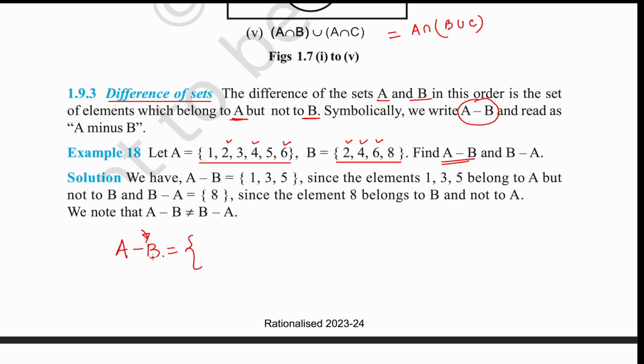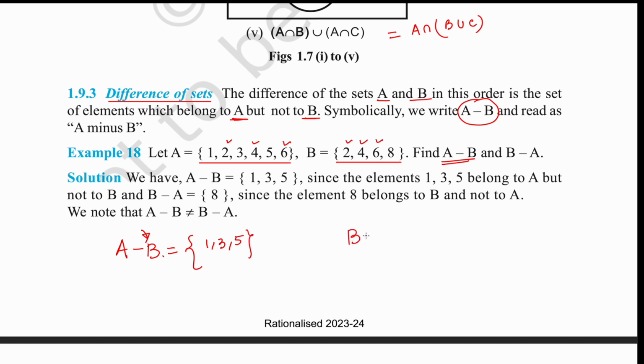So when you are trying to find A minus B, you will include all the elements inside A and remove all the elements which are common to A and B. The remaining elements that you get is going to be your A minus B. So the remaining elements in this case are going to be 1, 3, and 5. Right? So this is your A minus B.